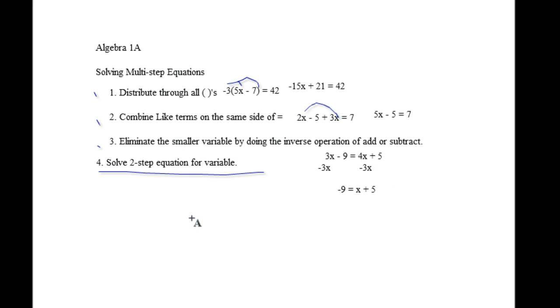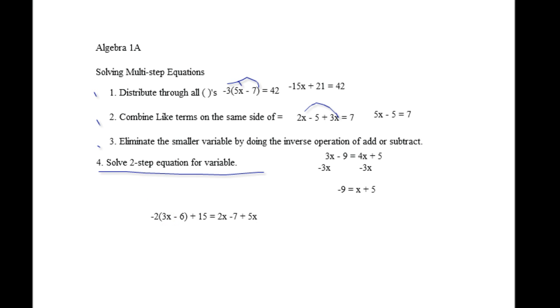Now that's an example of all those steps if you just had to do that one step. However, let's say you had a whole bunch of steps at once. So let's go negative 2 parentheses 3x minus 6 parentheses plus 15 equals 2x minus 7 plus 5x.